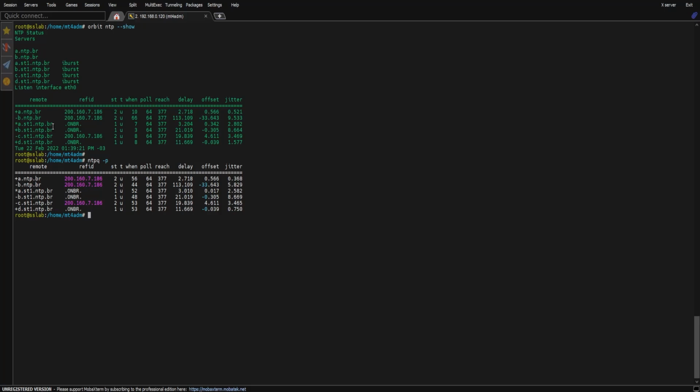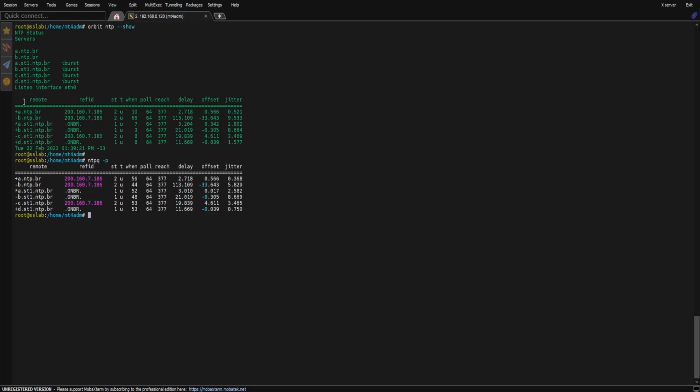The asterisk symbol is the main server that we are getting the time from. The server with the plus sign is the candidate, so it's like a trusted source for NTP as well. The NTP service recognizes that this remote is trusted and it's also being used for the time synchronization.